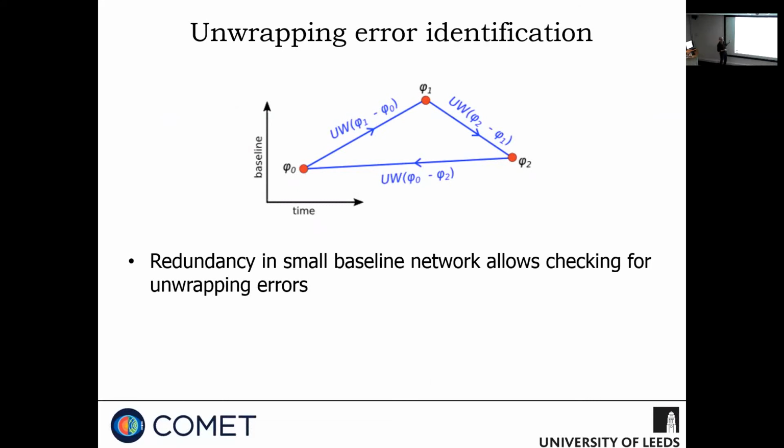If you look at one of these triangles in baseline space and you don't get back zero, it could be you have an unwrapping error. If you have an unwrapping error, the difference should be a multiple of 2 pi radians, like 360 degrees. A large difference in closure would indicate you have an unwrapping error in one of your interferograms.